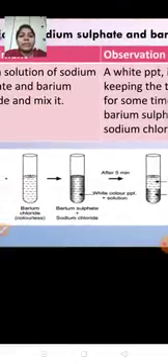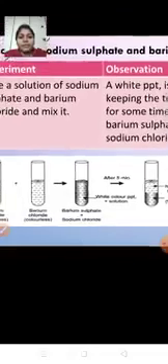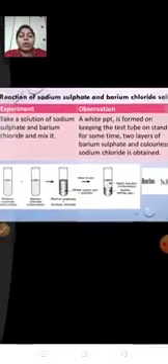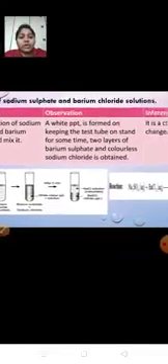Now precipitate means in a chemical reaction, solid is formed from a liquid. When a solid forms from a liquid, that is called a precipitate. So in this, a white powdery thing forms when we add barium chloride to sodium sulfate solution.